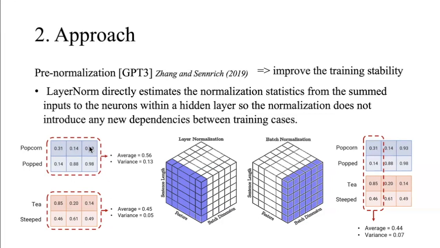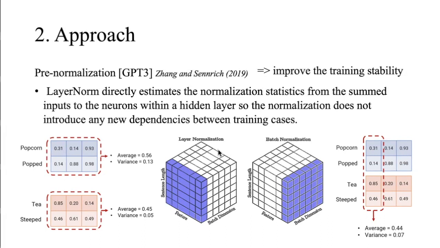So this is your batch, and this is one sentence in your batch. In layer normalization, it just calculates the average and variance within the sentence itself. It doesn't look across the examples within that batch. So the values here are normalized by the average and variance taken from this specific sentence or sequence, same over here.